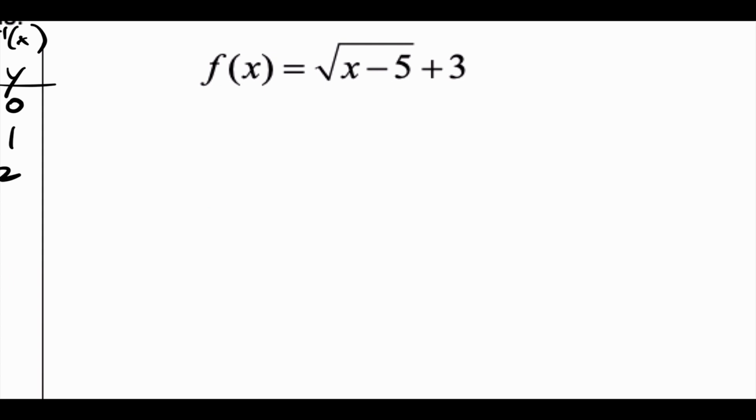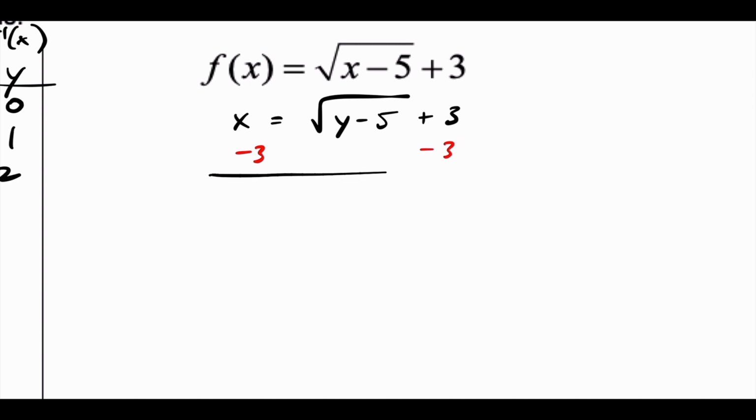So first thing you do is swap x and y. So this guy is going to be x. This guy is going to be y. Solve for y. Subtract 3 from both sides.